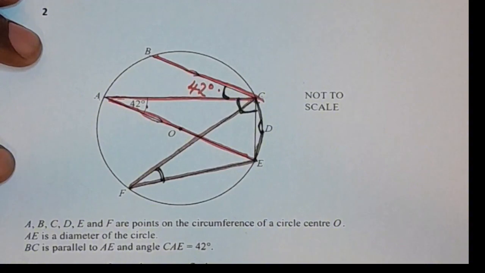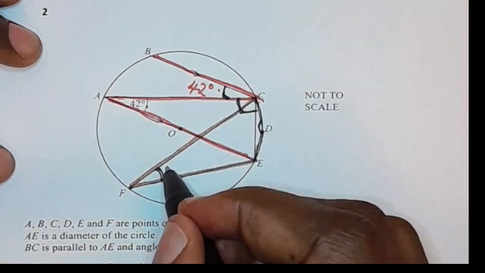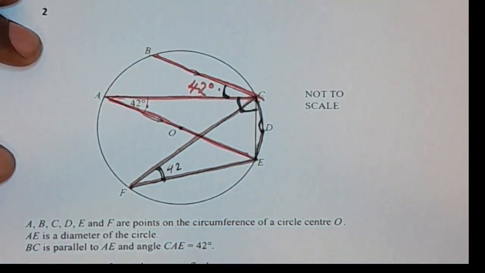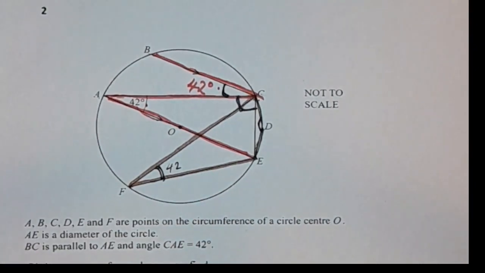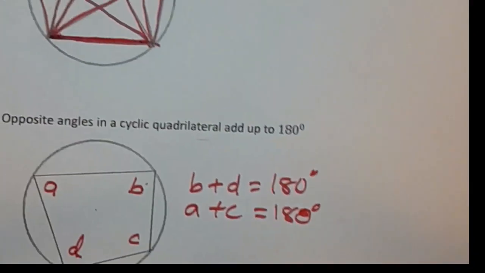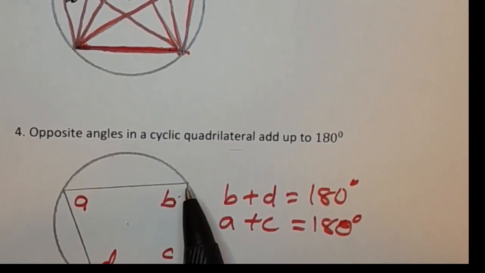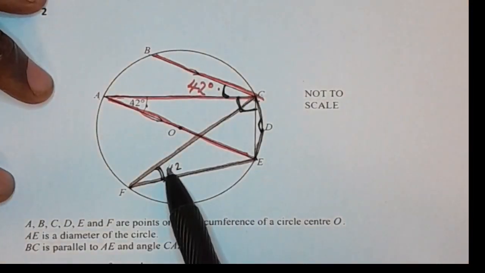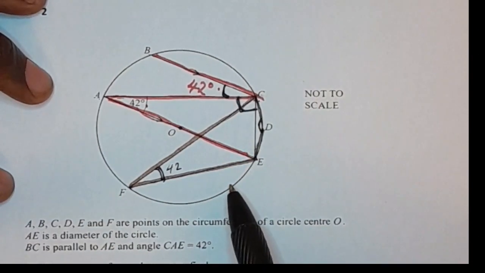This angle is 42, the one we just found. Which property are we going to use? Opposite angles in a cyclic quadrilateral add up to 180. So when you add this angle and its opposite, you should get 180.